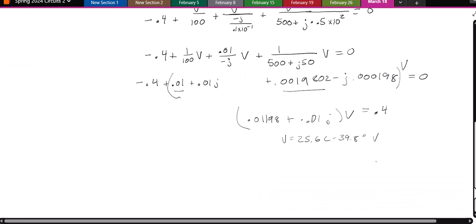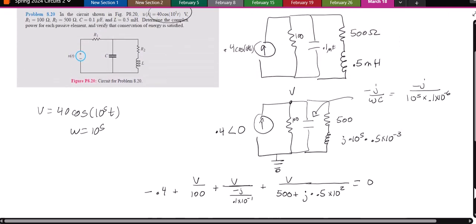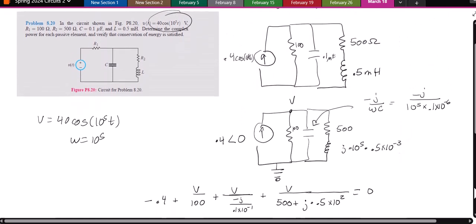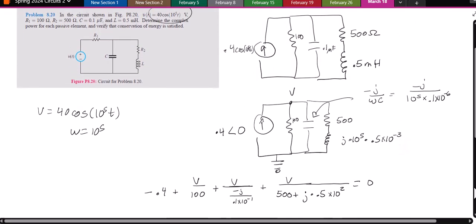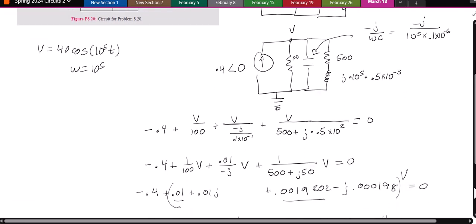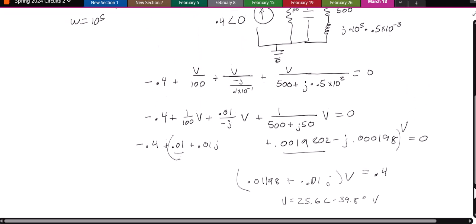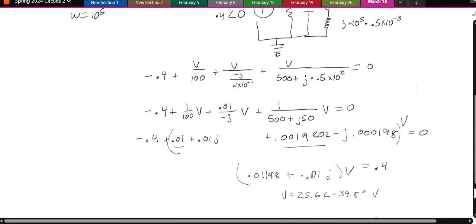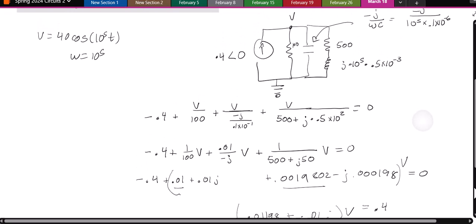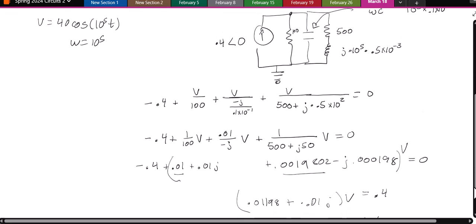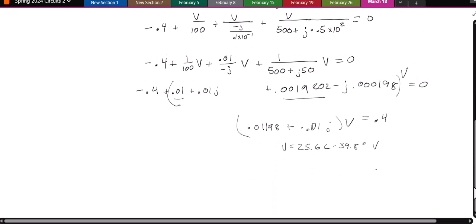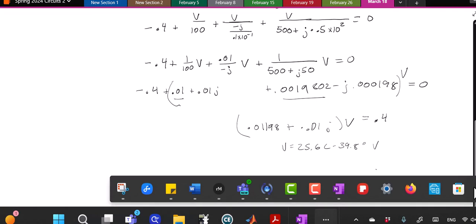Alright, so now let's say I wanted to find the complex power, or if I wanted to find the average power for my current source. Well, I like just finding the complex power because if you have the complex power, then you have the average power and the reactive power.